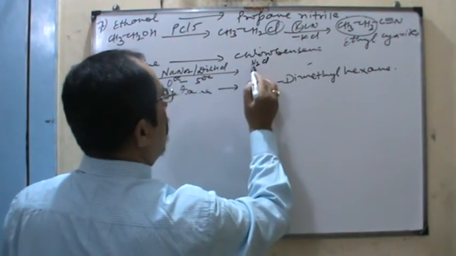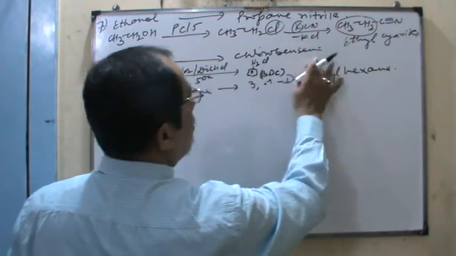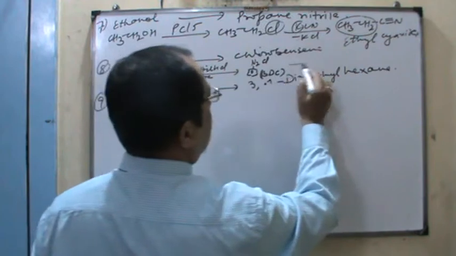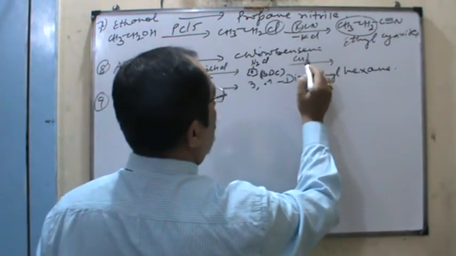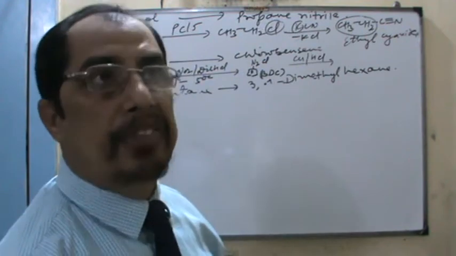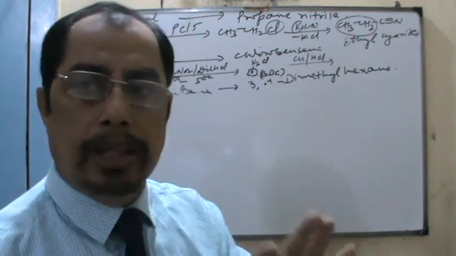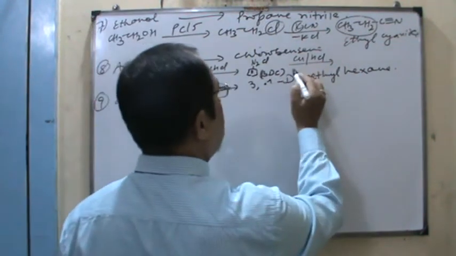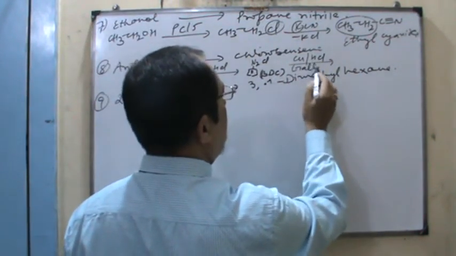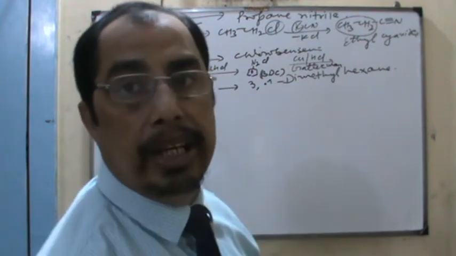In short, it is called BDC, benzene diazonium chloride. Further, you can go for copper with HCl. This is the Gattermann reaction. If I take copper chloride with HCl, it is the Sandmeyer reaction. So both are equally good. I have explained this during the preparation of chlorobenzene or bromobenzene.